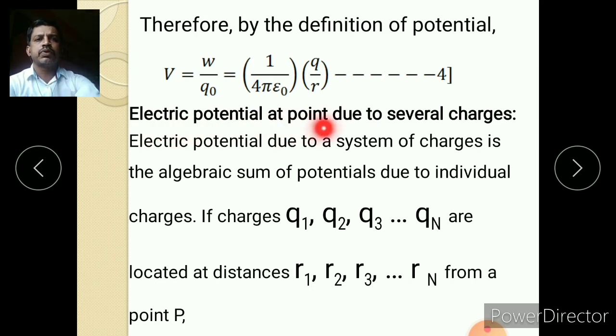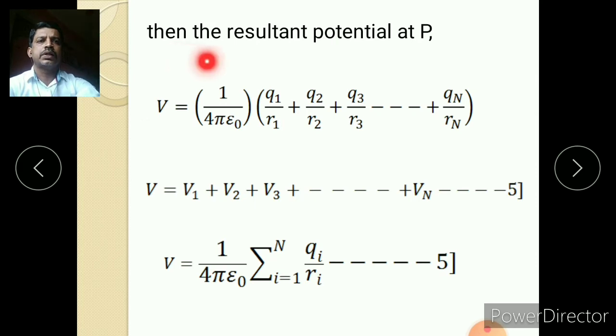The electric potential at a point due to several charges. Electric potential due to a system of charges is the algebraic sum of the potentials due to the individual charges. If charges Q1, Q2, Q3, ... Qn are located at distances r1, r2, r3, ... rn from point P, then the resultant potential at P is V is equal to 1 upon 4 pi epsilon 0 into Q1 upon r1 plus Q2 upon r2 plus Q3 upon r3 plus ... Qn upon rn, where V is equal to V1 plus V2 plus V3 plus ... Vn.